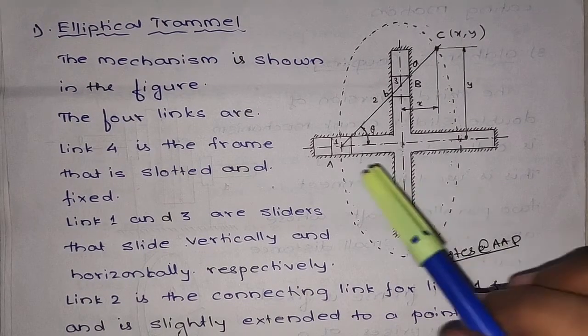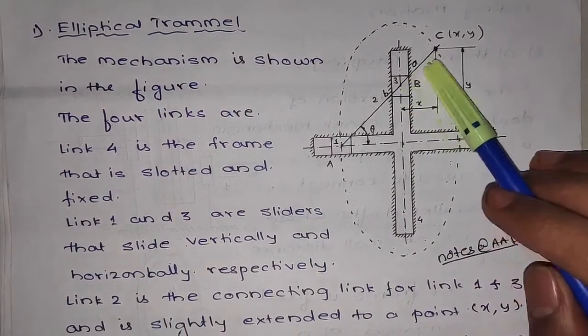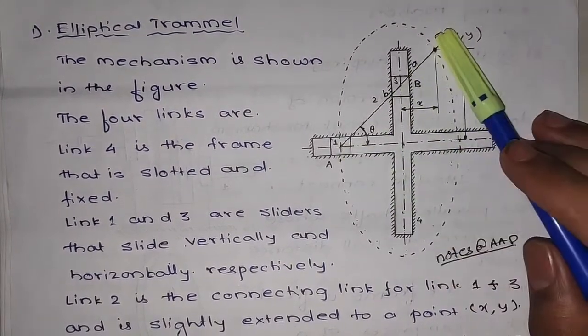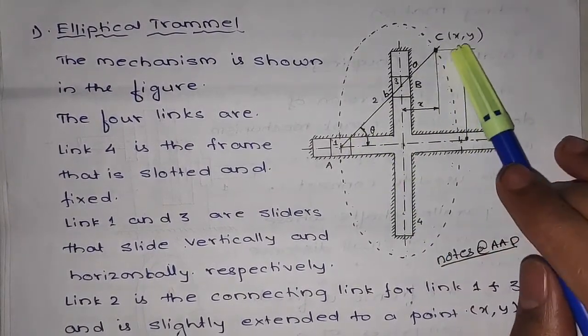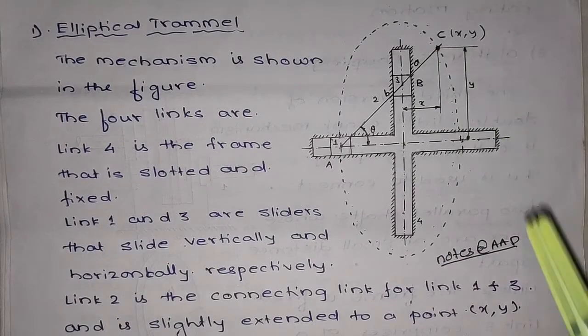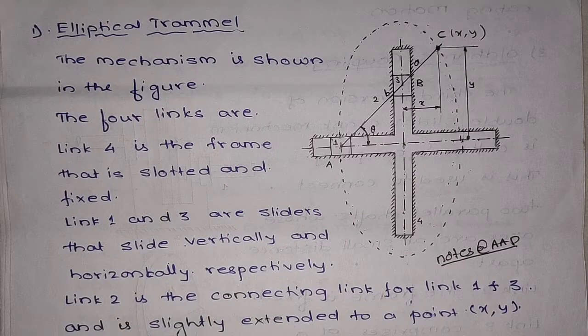For these variables which we have assumed, that is BC be A, AC be equal to B, the link makes an angle theta, and the coordinates of the point are X and Y, I'll just write down those values.